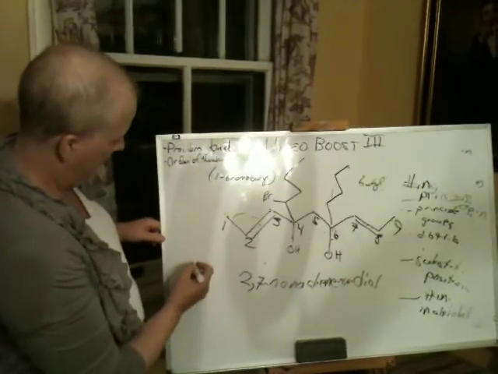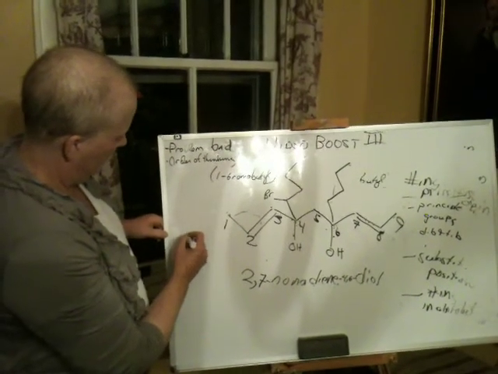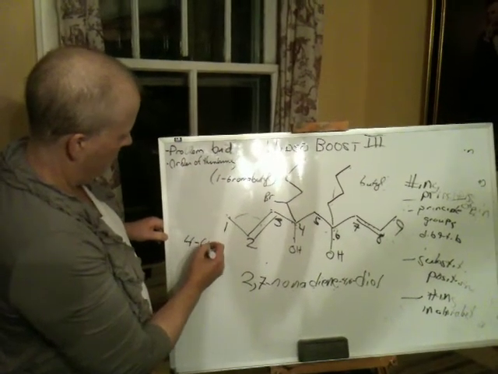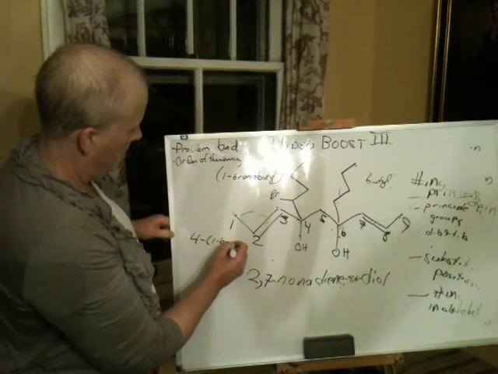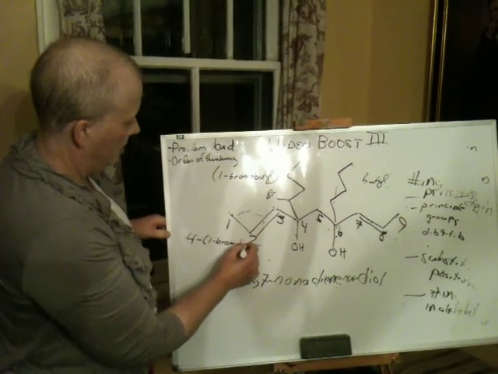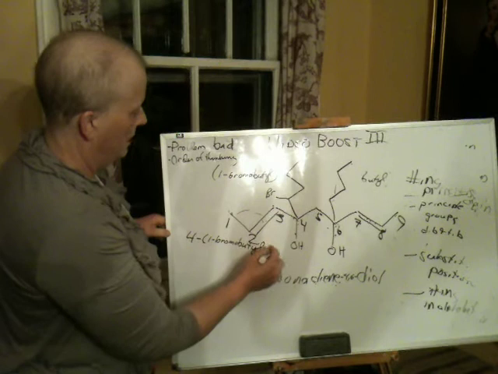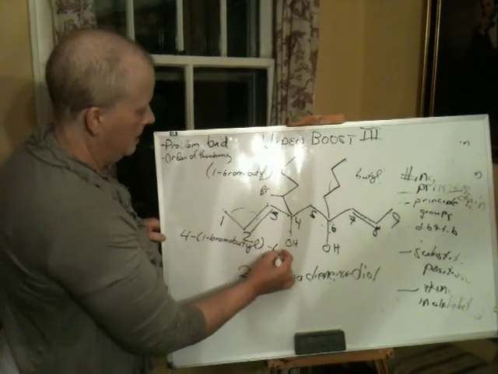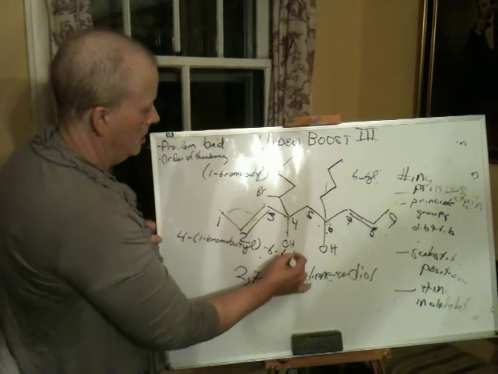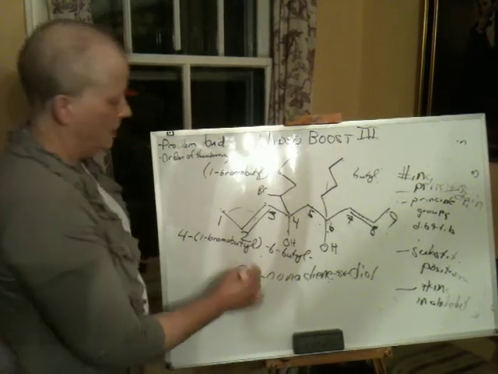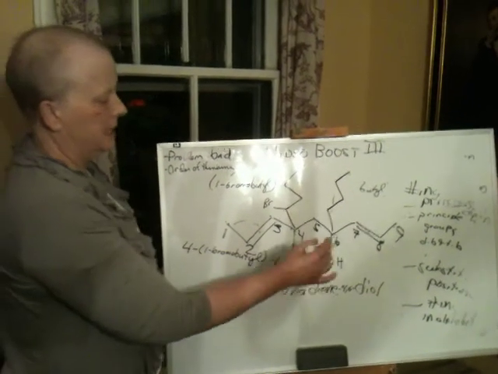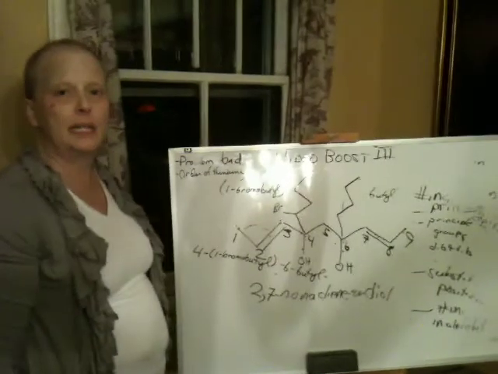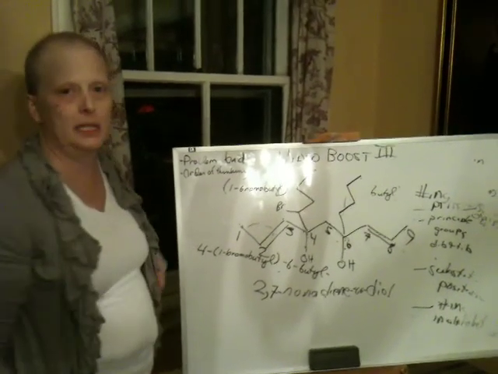So this would be, I'm a little short on space here, a 4, 1-bromobutyl, here's my butyl, 6 butyl, 2,7 nonadiene 4,6 diol. So that's the end of this problem, and I'll see you in class tomorrow.